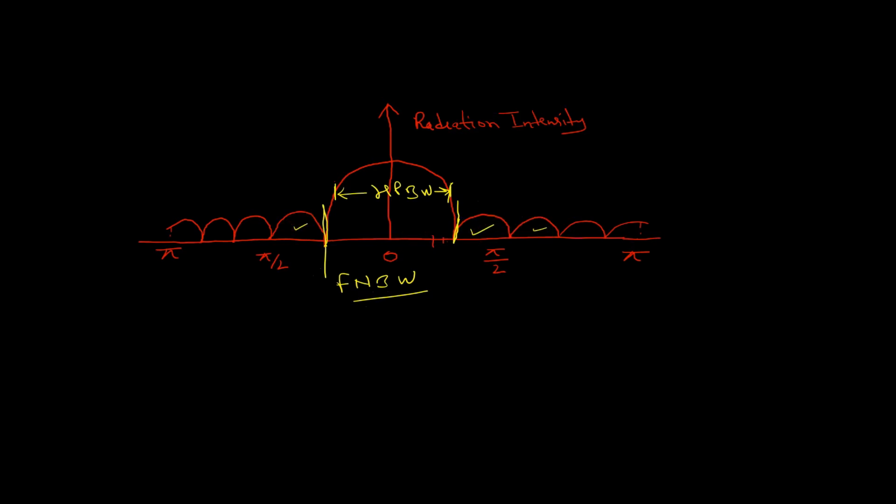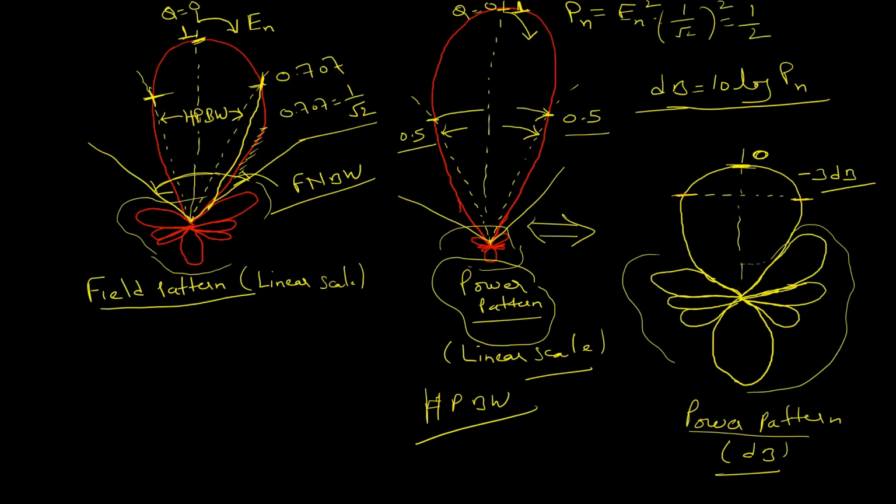Okay, so let us move to the previous slide. The lobe which has the maximum value, in which the maxima of the radiation occurs, is called a major lobe. So this is a major lobe. All other lobes other than this major lobe are minor lobes.